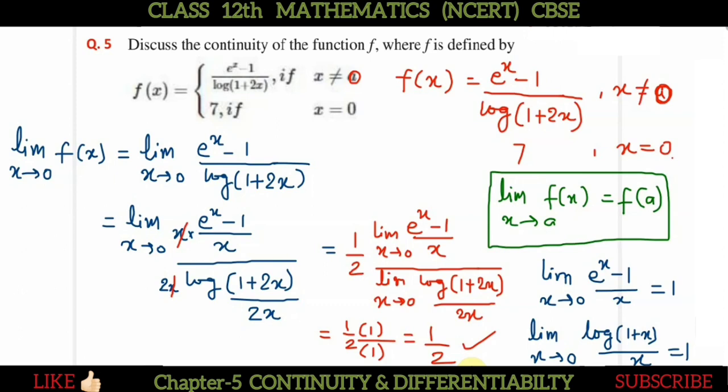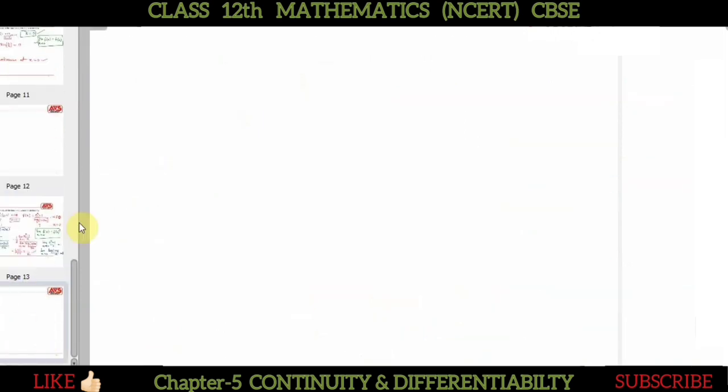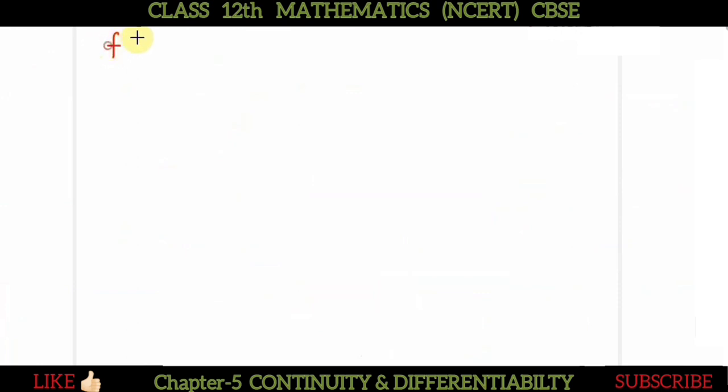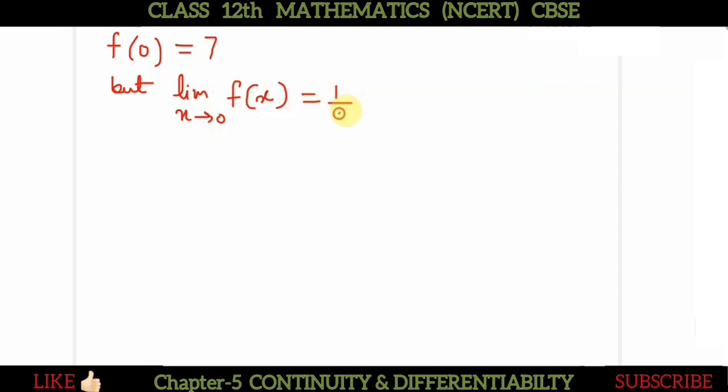Now this is 1 by 2, but we need to check f of a also, meaning the value of the function at x equal to 0. At x equal to 0, the value is 7. So f at 0, the value of function at x equal to 0, is 7, but the limit x tending to 0 of f(x) we have determined as 1 by 2, and certainly these are not equal.